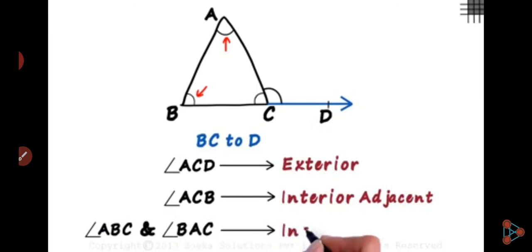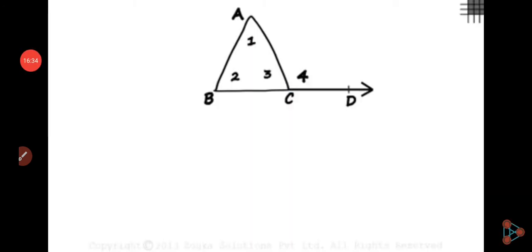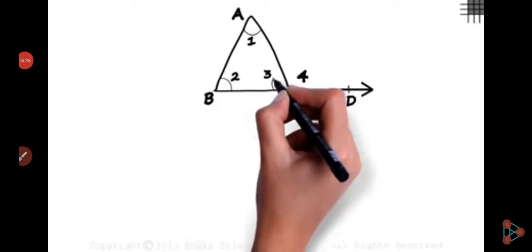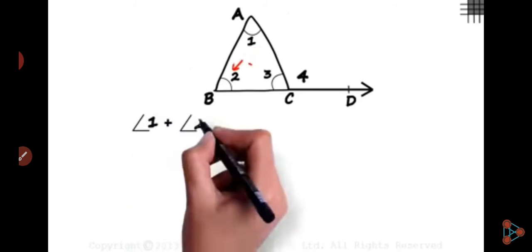Now if we talk about these angles, angle 1 plus angle 2 plus angle 3 is equal to 180 degrees. We know that from the previous theorem.